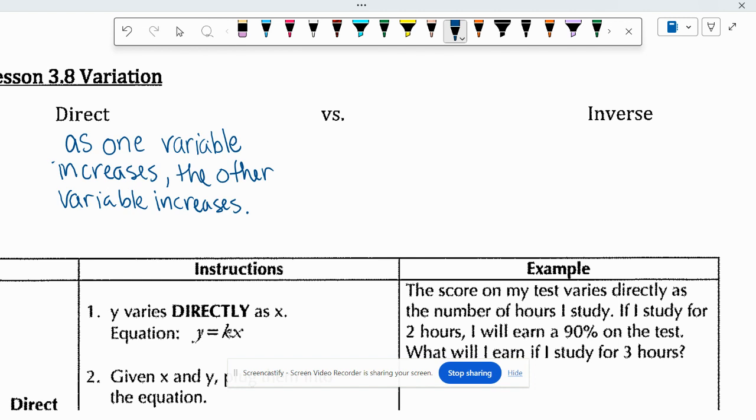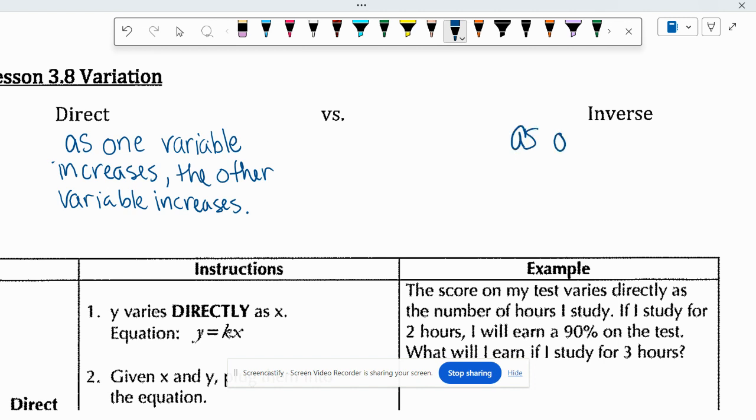So you pay $50 and you fill up your car. The longer that you drive, the more time that you drive, what happens to the gas in your car? It goes down. So that's an inverse variation. Inverse means that as one variable increases, the other variable decreases. Good job.